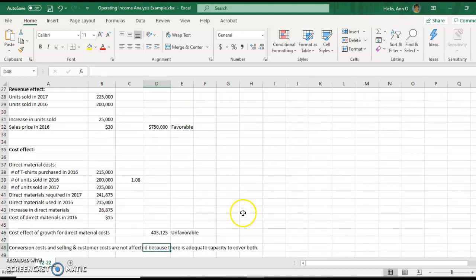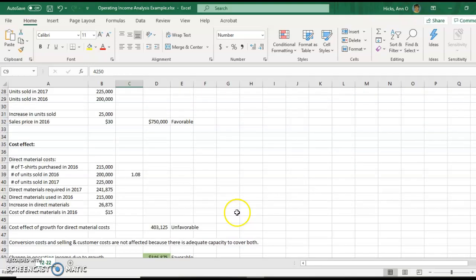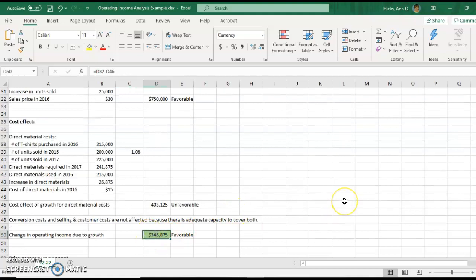Now, conversion costs or administrative costs are not affected. There's no impact on the cost effect, and that is because we have more than enough capacity in 2016 to cover the number of customers we had in 2017. So we would not have had to make any change to our administrative capacity. What this means is that we have a $750,000 favorable revenue effect offset by a $403,125 unfavorable cost effect.